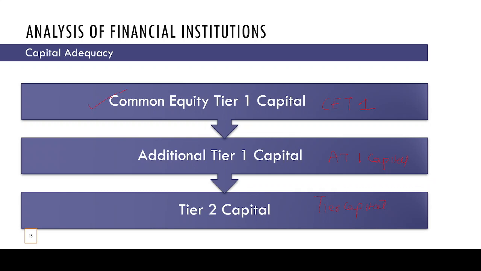It would be the first to be written down. And if CET1 capital has been completely written off, next in line to absorb losses is Additional Tier 1 capital. And once Additional Tier 1 capital has been completely written off, next in line is your Tier 2 capital. And if all the above forms of capital have been exhausted, losses would be absorbed by depositors.